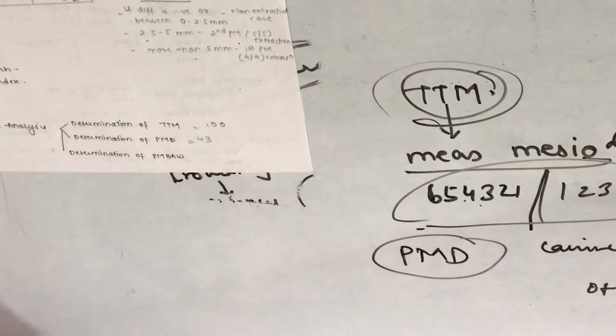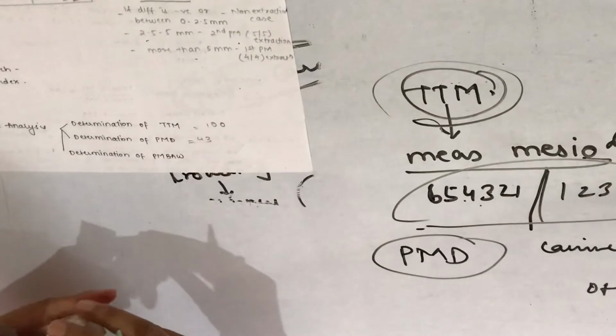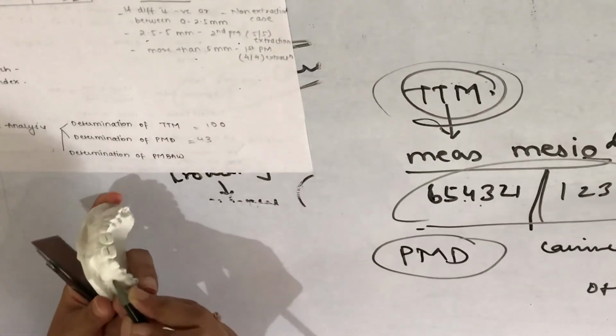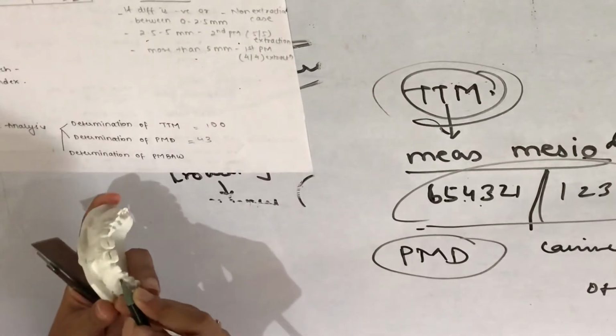So if the canine fossa is not clearly distinguishable, then you can measure from a point that is marked 8 mm below the crest of the interdental papilla, which is distal to the canine. So this is your interdental papilla, distal to canine.